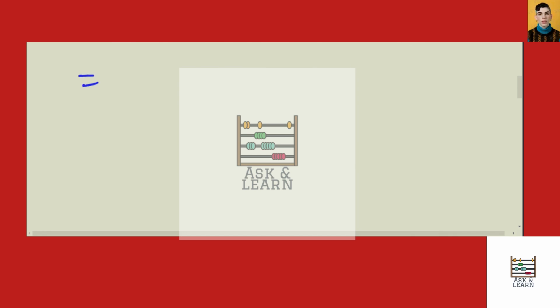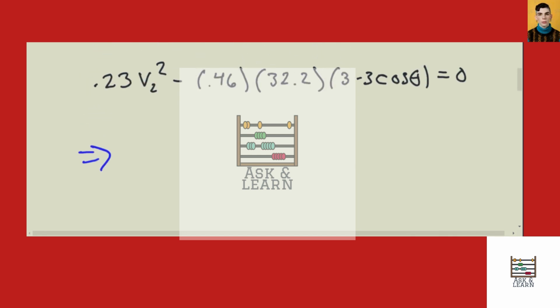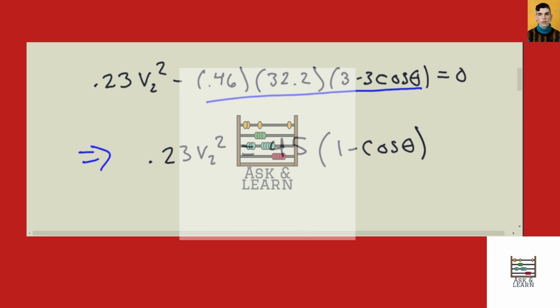So we can simplify this a little bit. All this right here, we can move to the right side. So on the left side, we still have 0.23 v2 squared is equal to all that on the right, which is 45 minus 45 cosine theta. So if we factor out a 45, it's just 1 minus cosine theta.